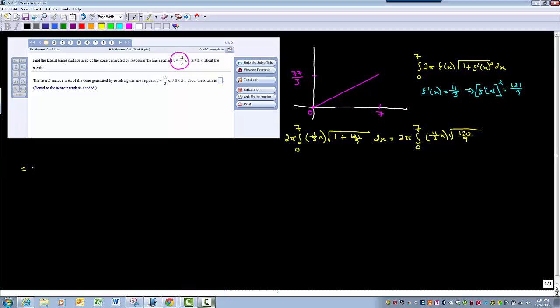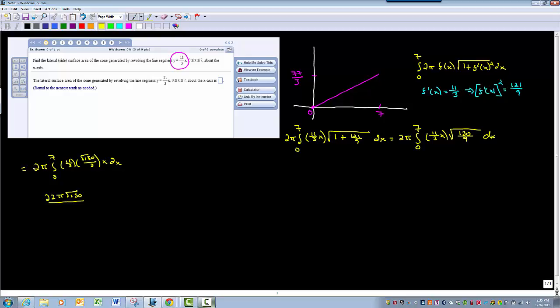So this will be equal to 2 pi times the integral from 0 to 7 of the square root of 130 over 3. I'm going to rewrite this as 11 thirds times the square root of 130 over 3 times x dx. Now, let's see here. Our bottom is 9. Our top is 22 pi times the square root of 130.